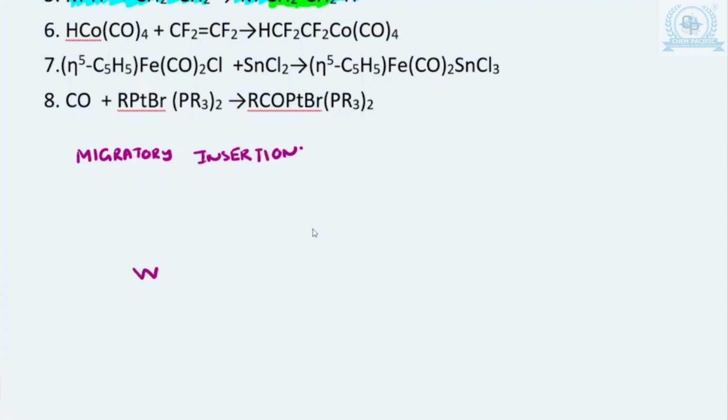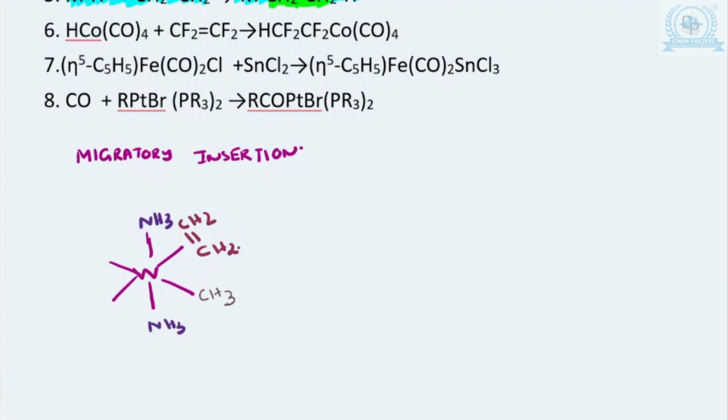So let us consider one complex, one octahedral complex, this. Okay, now this is our interest, where I want to carry out the insertion with one migratory ligand. The migratory ligand be CH3.